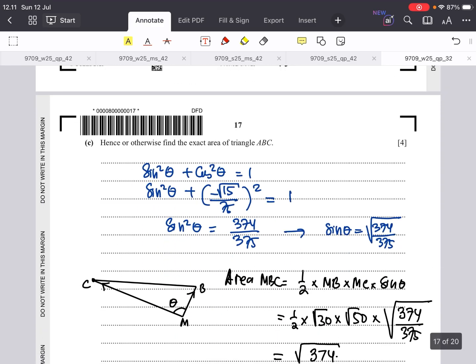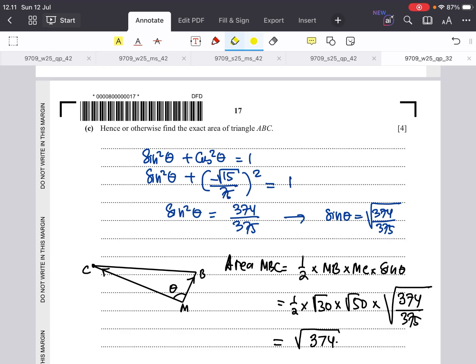Part C. Hence or otherwise, find the exact area of triangle ABC. So this is triangle MBC. We want to find area of triangle MBC first. So we know the value of cos theta, but to find area, we need to find the value of sine theta.